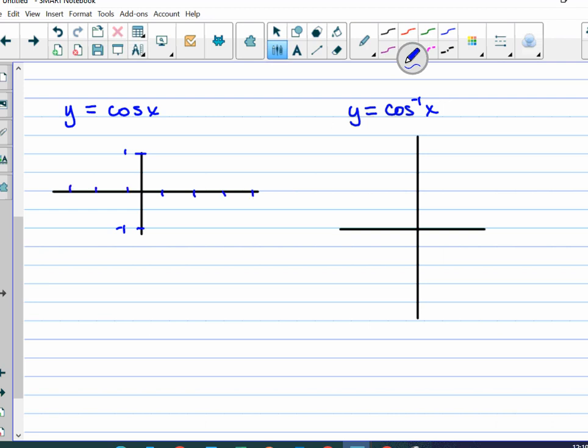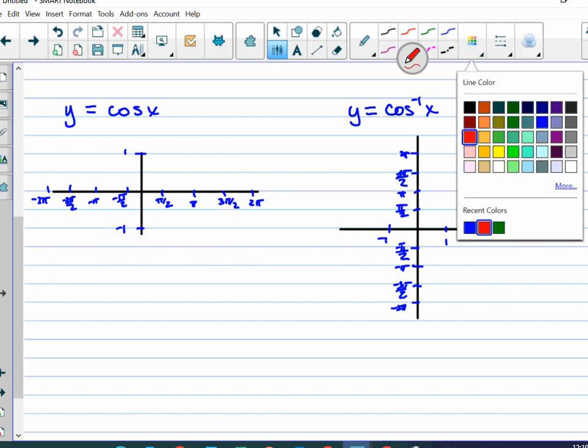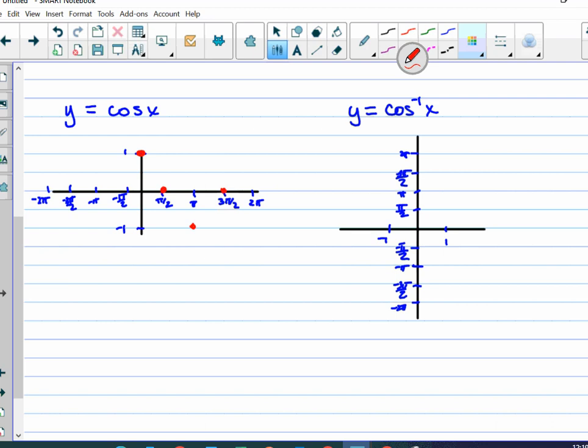Oh yeah, from 0 to pi. All right, good with the graph?